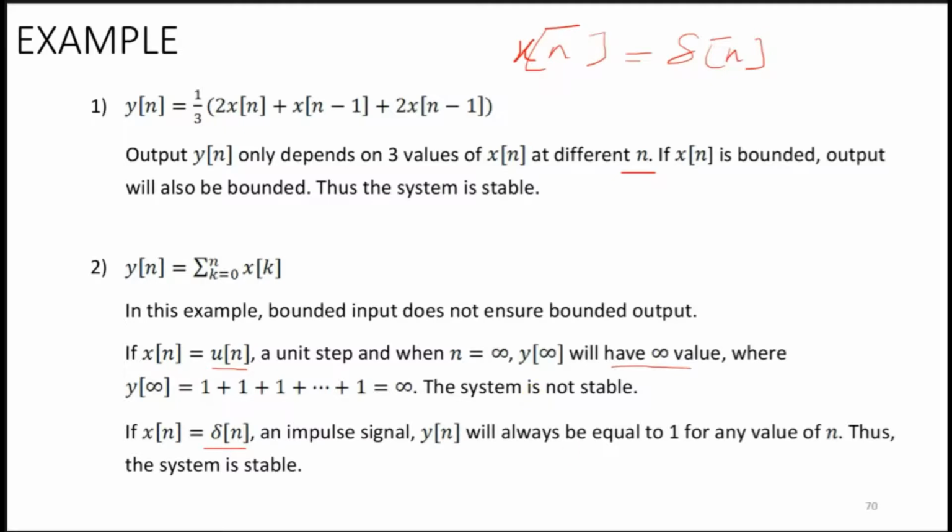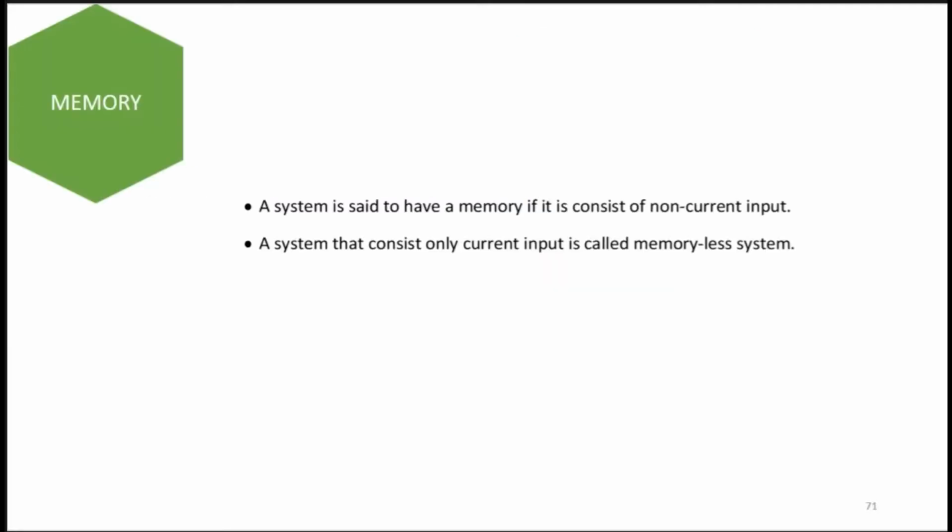Now, memory. A system is said to have memory if it consists of non-current inputs. So a system that consists of only current inputs is memoryless. That means a system that has past or future inputs is a system with memory.